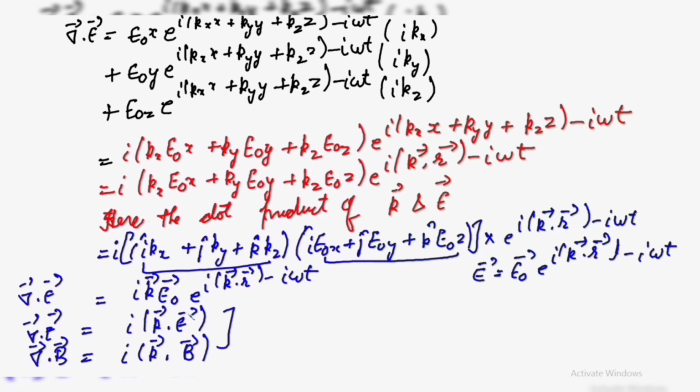That means our electric field vector and magnetic field vector, both are perpendicular to our propagation vector. So dear students, we know for vacuum, del dot E vector is equal to 0 and del dot B vector is also equal to 0, because rho and J, which are our volume charge density and current density, are 0.